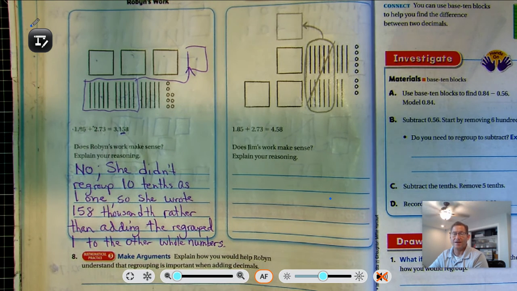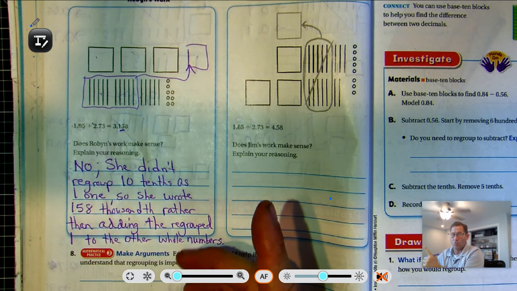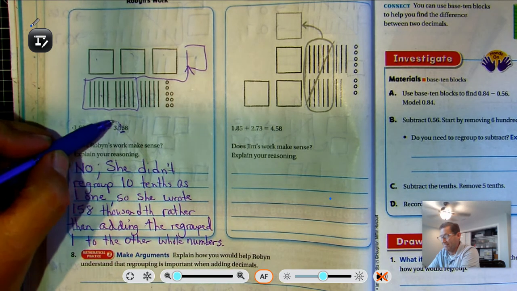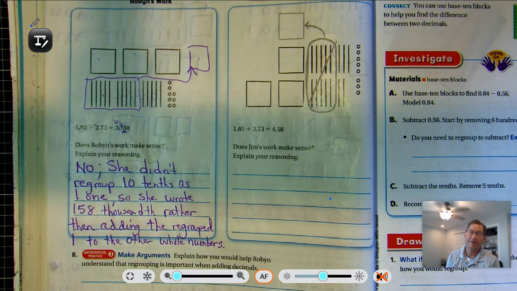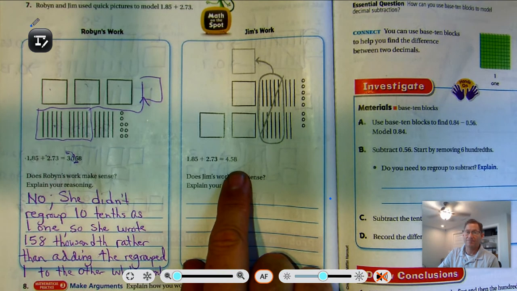Well, you can't do that, right? It's 15 tenths, and 10 tenths is equal to 1 whole. So she should have taken this 1 and actually given it to the 3. So her answer should have been 4 and 58 hundredths, which we noticed is what Jim came up with.